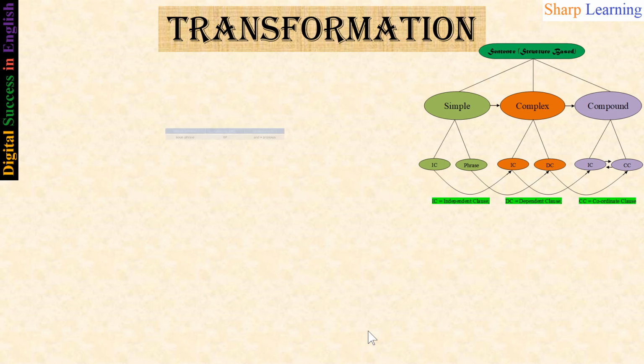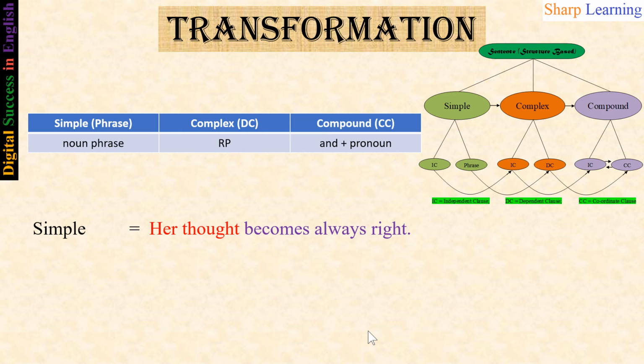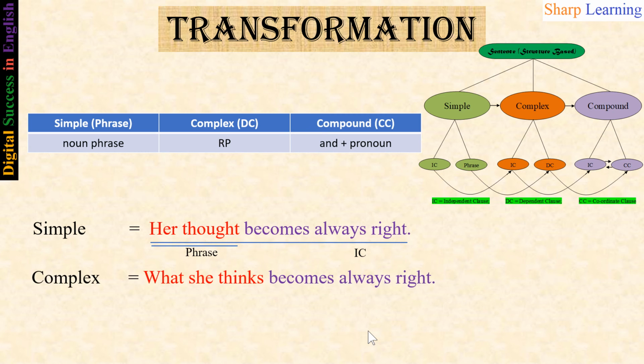Okay, proceed. Her thought becomes always right. The total sentence has been an IC. But her thought, it is a phrase, a noun phrase. And this noun phrase can be transferred into a DC so that we can make it complex. See here. What she thinks becomes always right.